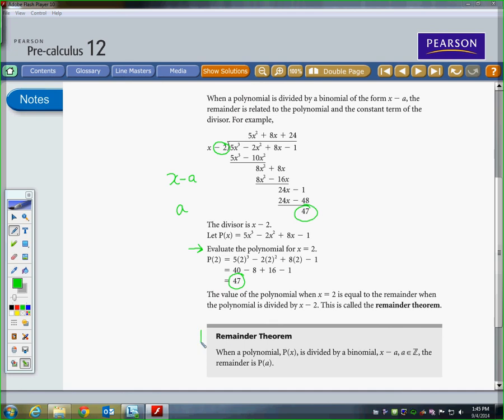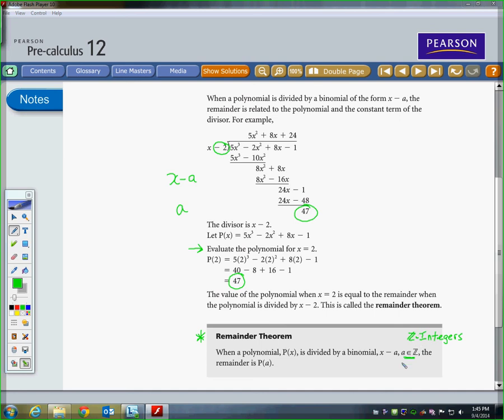So this is the first of our 2 big pieces today. It's the remainder theorem. And this is stating, in more mathematical terms, what we've just discovered. When a polynomial, p of x, is divided by a binomial in the form of x minus a, where a is any integer. This funny Z symbol here is the set of integers, so any positive or negative whole numbers.